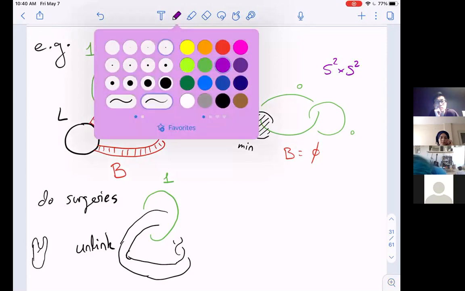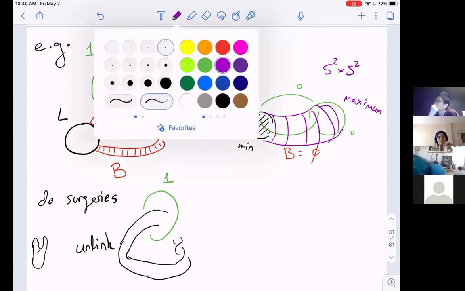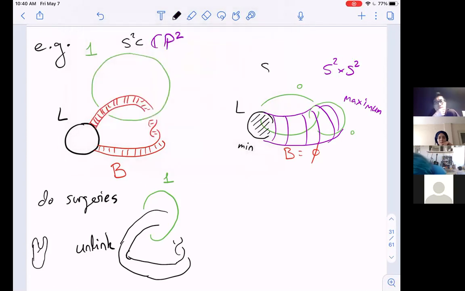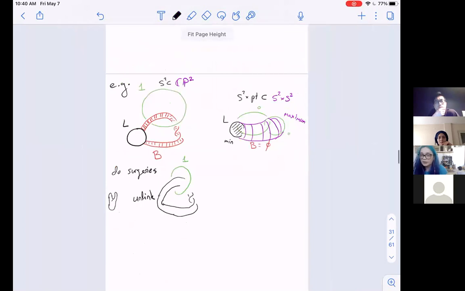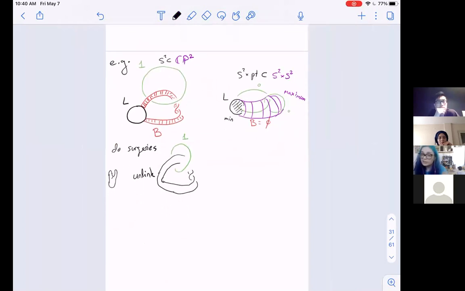It bounds a disk that's capped off by a core of this two handle. So this is the maximum. So this is a picture of a two-sphere with one minimum and one maximum. And in fact, if we're comfortable with Kirby calculus, I think you could convince yourself that this is like S2 cross a point or something. But you don't have to convince yourself of that, it's fine. Okay, but this is how you draw a surface.